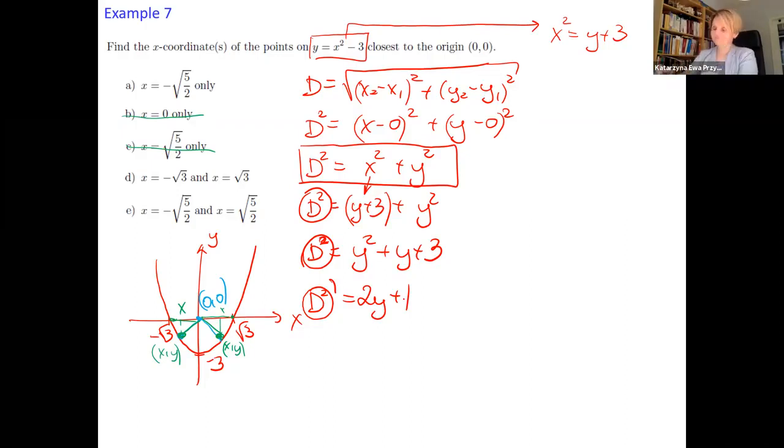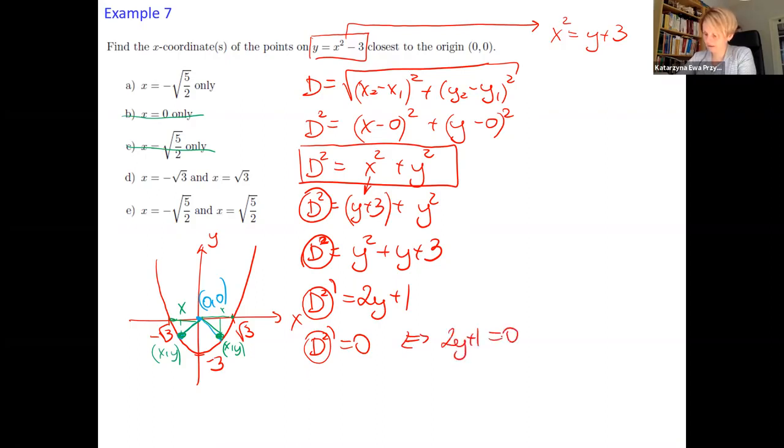Am I right? Yes, looks okay. For the critical points, we need the derivative to be 0, so 2y plus 1 must be 0. y is negative 1/2. We got negative 1/2 for y, but we need the x values.